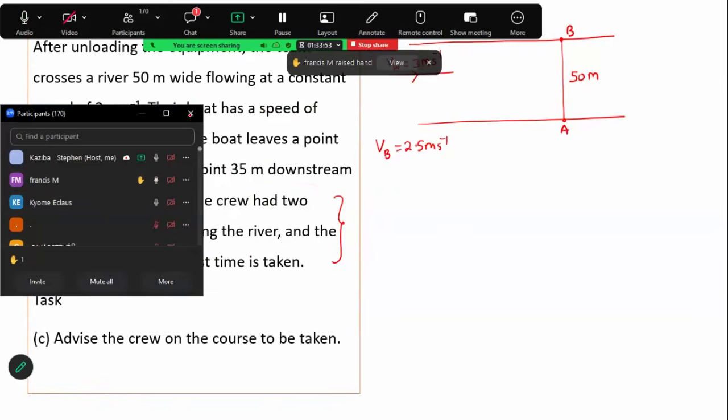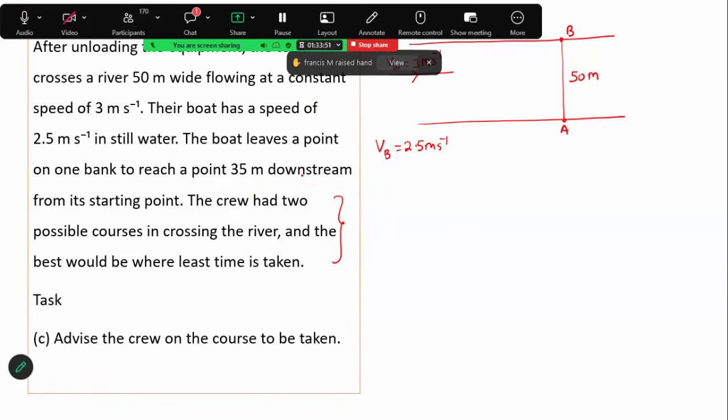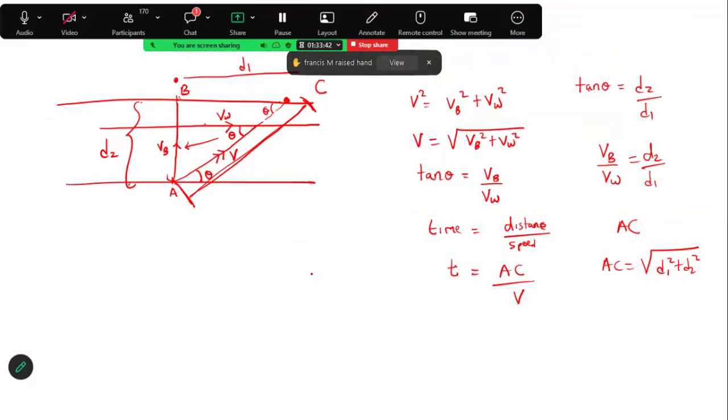Morning, teacher. My question is also just on the previous explanation, especially for the case of quickest time possible. You said when you're calculating time, we take the distance SC and the resultant velocity, right?